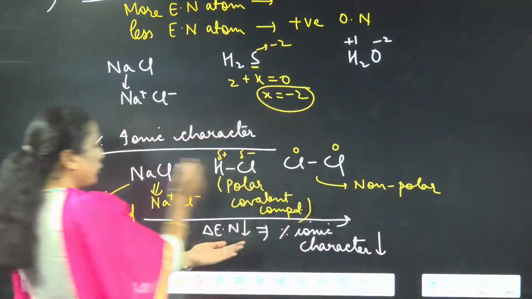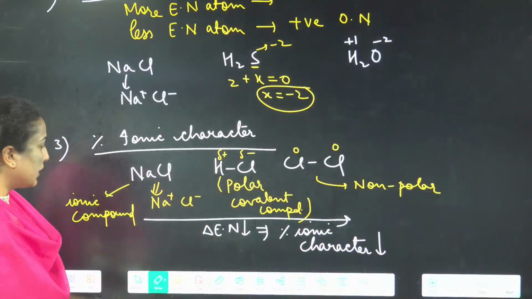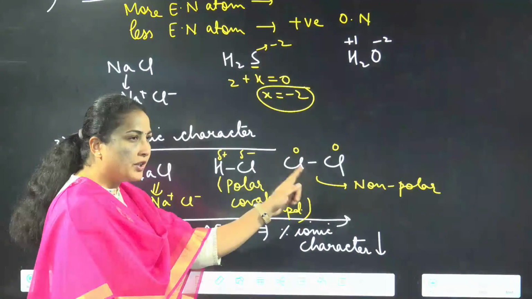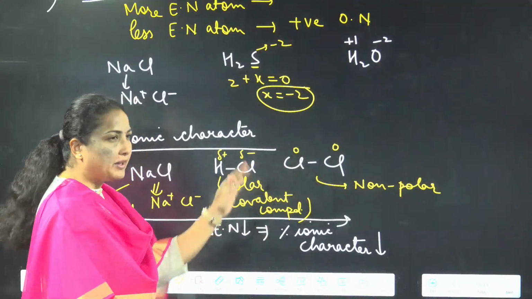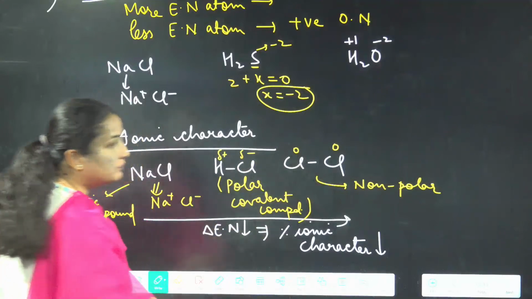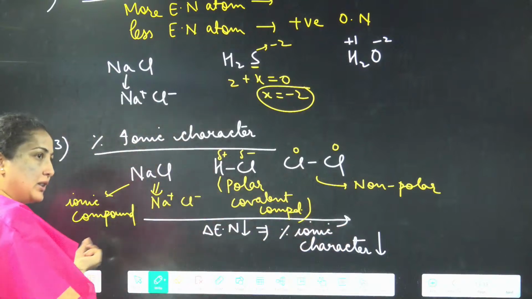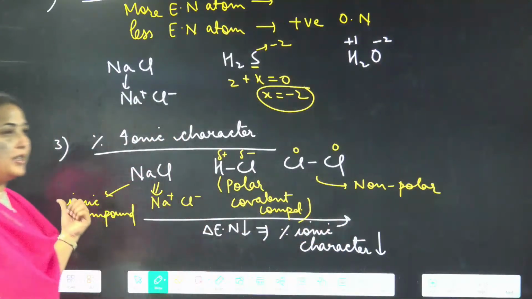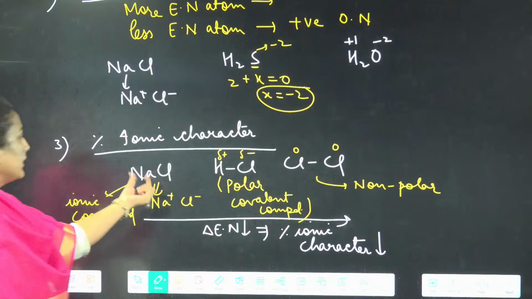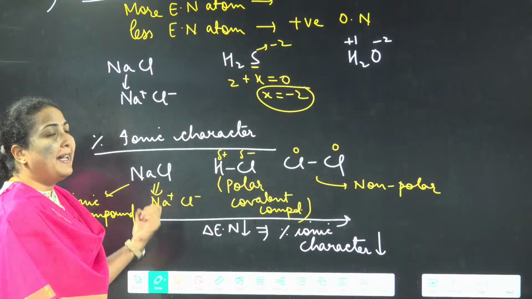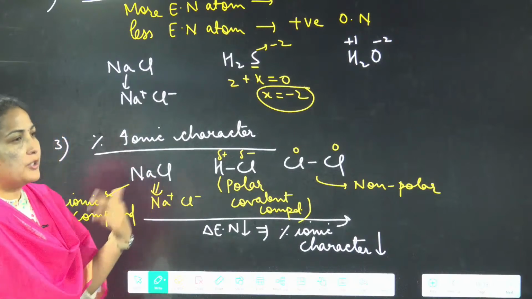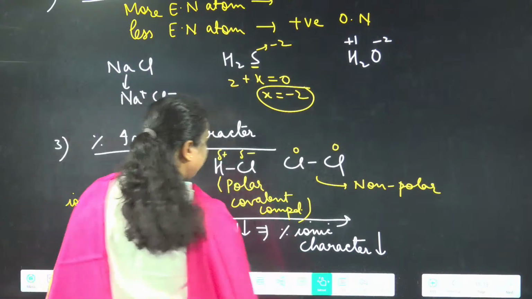If I put the arrow like this, then it is fine. Otherwise, as the electronegativity difference goes on decreasing, ionic character also goes on decreasing, no? Getting it? Or if I put this arrow starting from Cl-Cl to NaCl, I would say the electronegativity difference between Na and Cl is more, so it is more ionic, right?